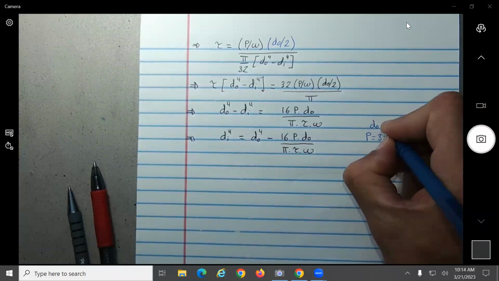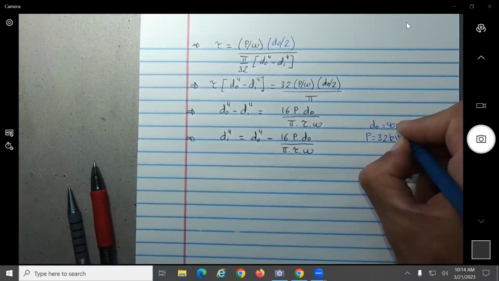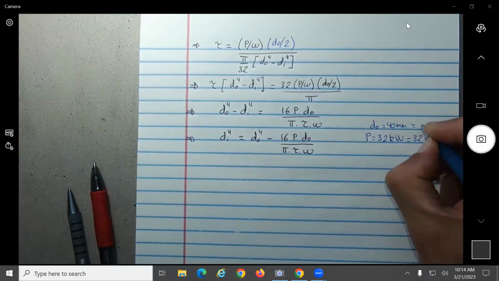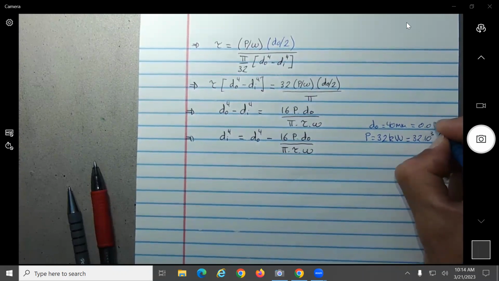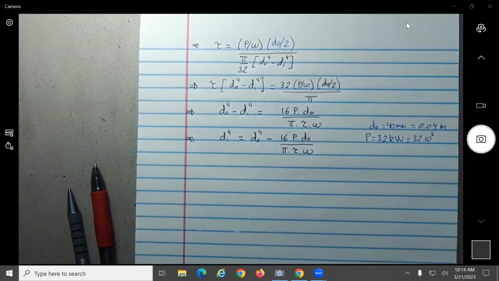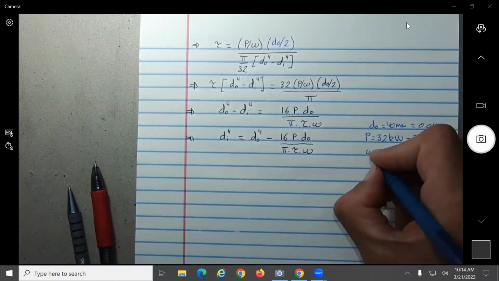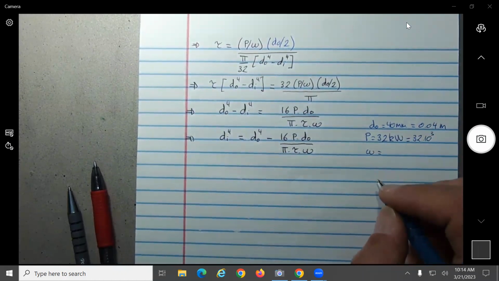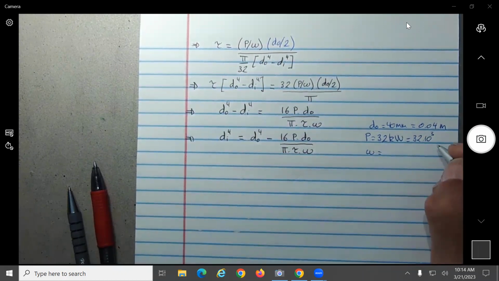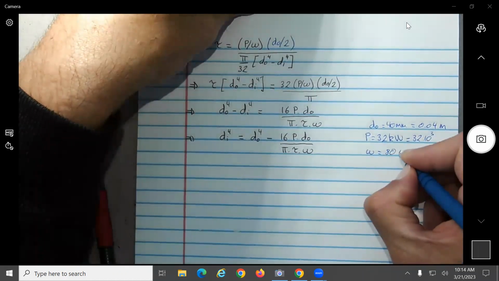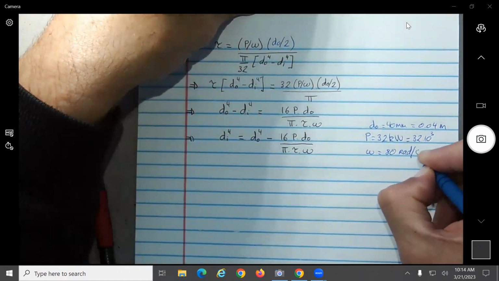D outside we said was 40 millimeters, so that would be 0.04 meters. Omega was given to us to be 80 radians per second.